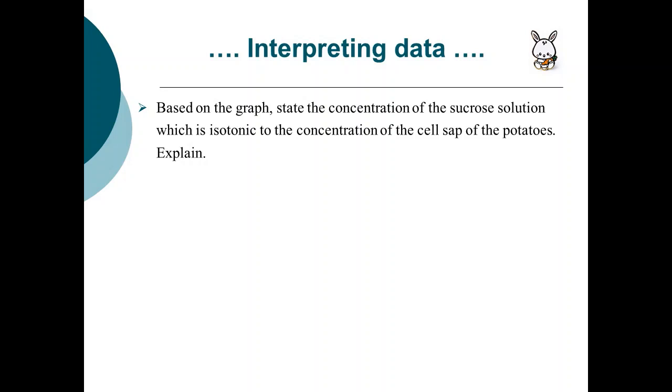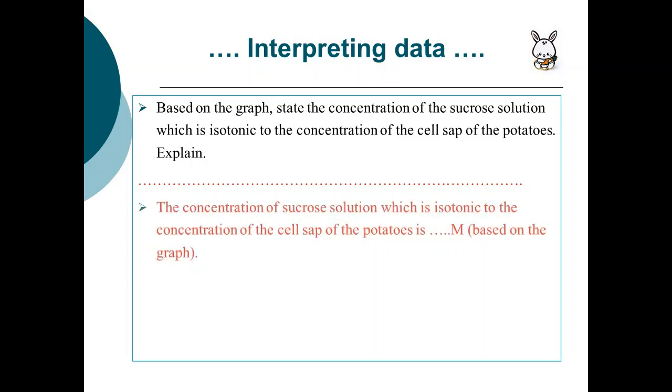And the answer is the concentration of sucrose solution which is isotonic to the concentration of the cell sap of the potato is... So the answer must refer to the graph. We must find out the point where the graph passes through the x-axis. So we get the point from there as the answer. And we have to explain the answer also.